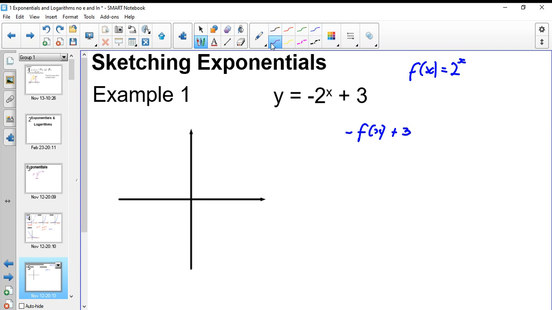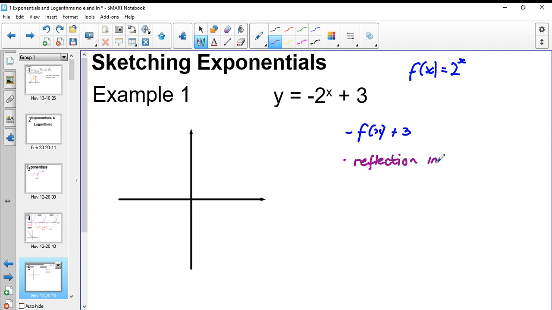So we've got two transformations. First of all, we've got this minus. That will happen first because we're using BIDMAS. Multiplication happens before addition. So the first thing is going to be a reflection. But because it's on the outside of the function notation, it's affecting the y coordinates.